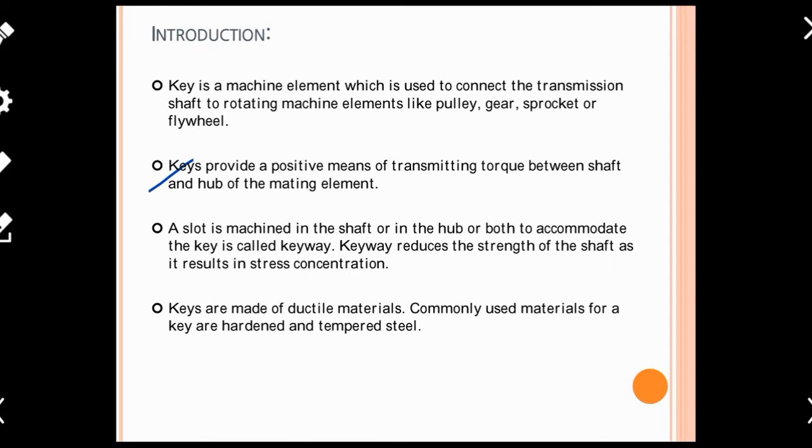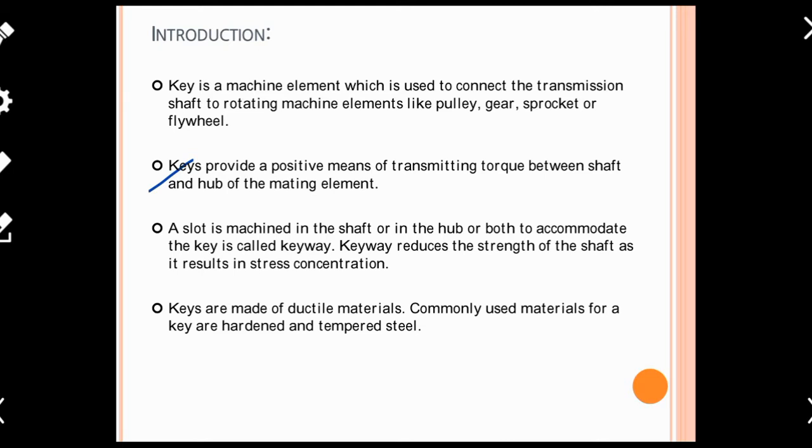For example, take the bike: the bike wheel is connected with the road surface by virtue of friction, and in that way the power of the bike wheel gets transmitted to the road surface, and due to the frictional grip between both members, the bike moves in the forward direction.